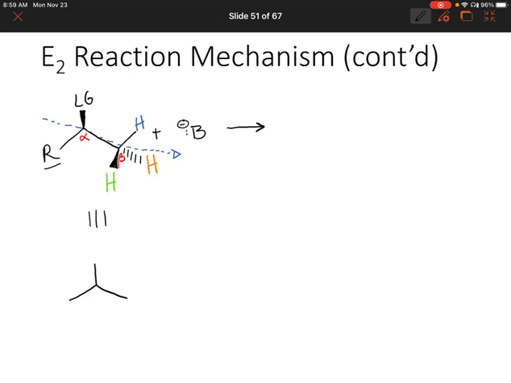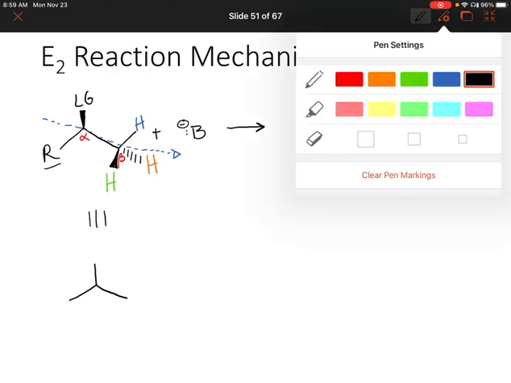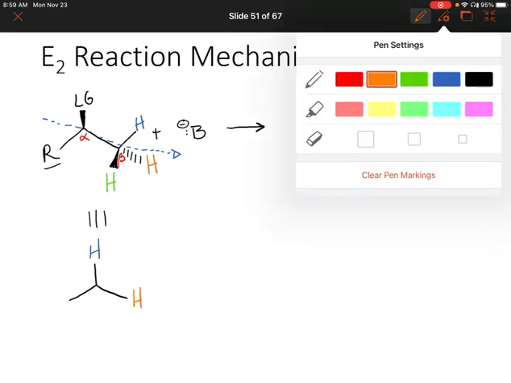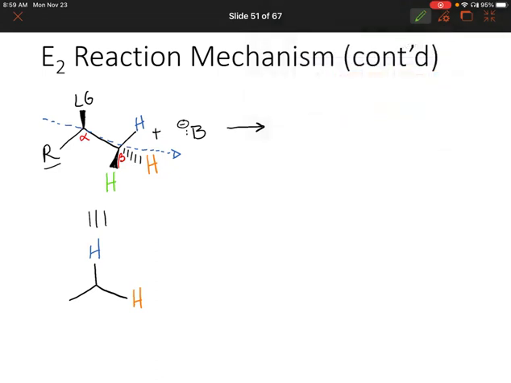So let's draw the beta carbon in the front, and remember there are 3 hydrogens on that beta carbon. The blue hydrogen is up above. If we turn the molecule towards us, the dashed hydrogen is to the right, and the wedge hydrogen is to the left.